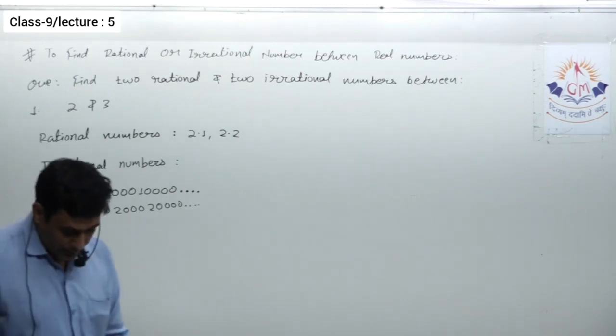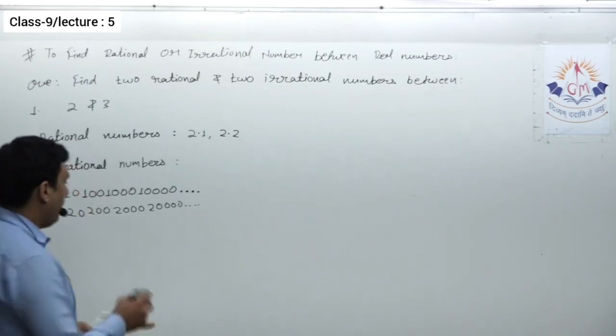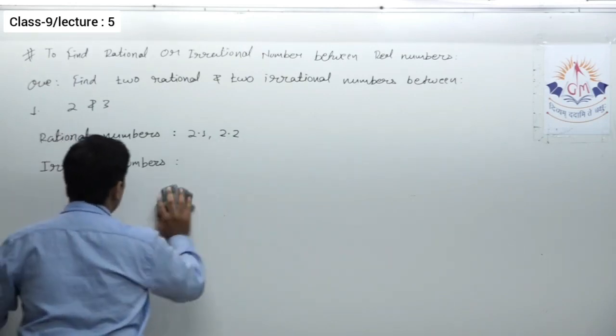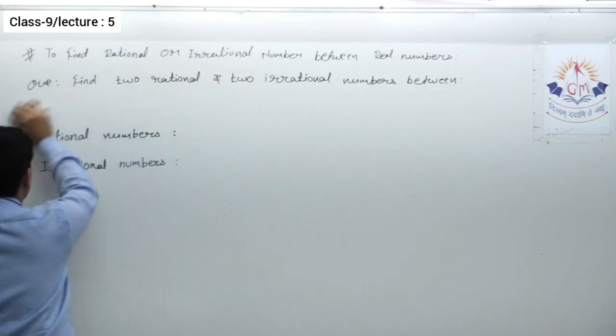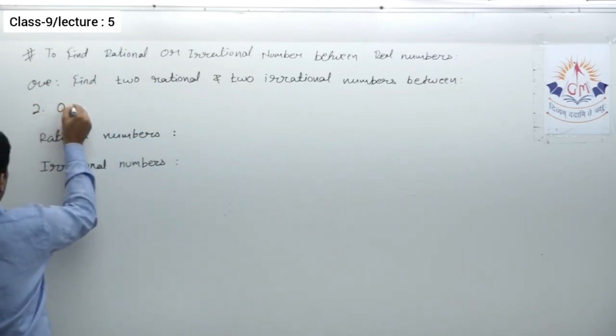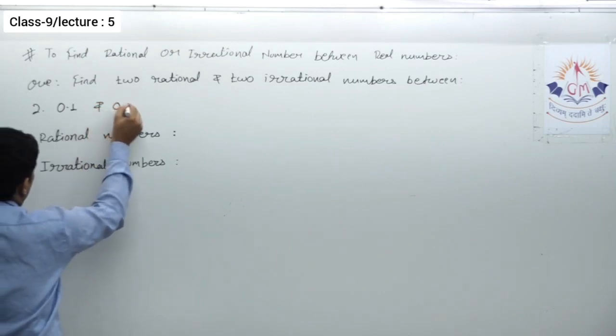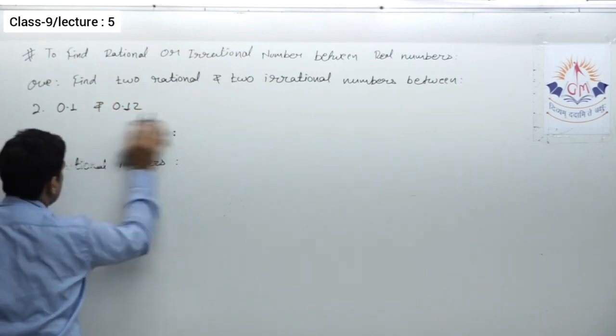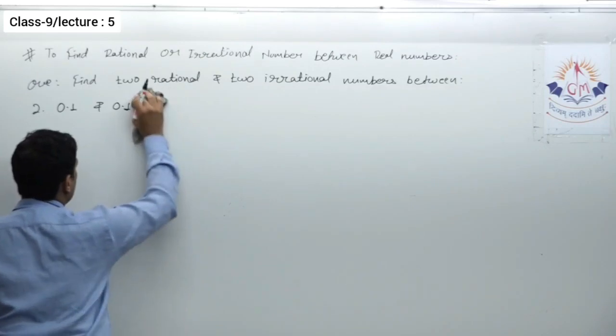Okay, now next is 0.1 and 0.12. Next question: that means we have to find two rational numbers between 0.1 and 0.12, two rational numbers and two irrational numbers.